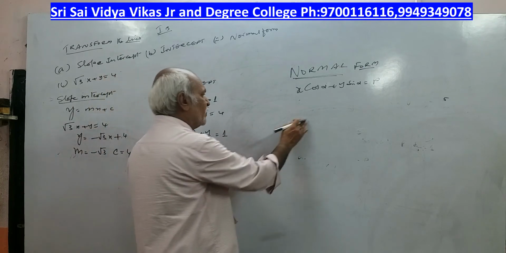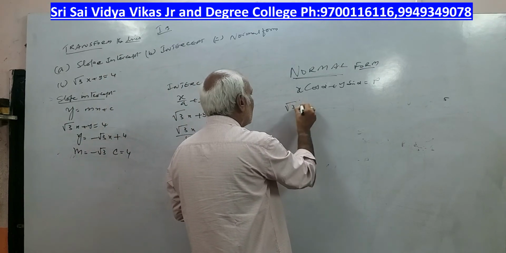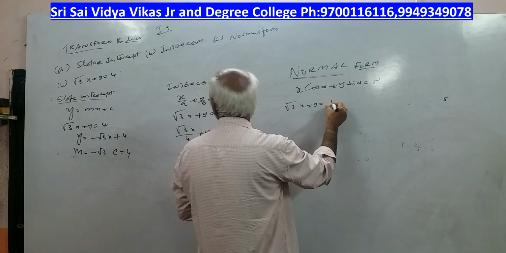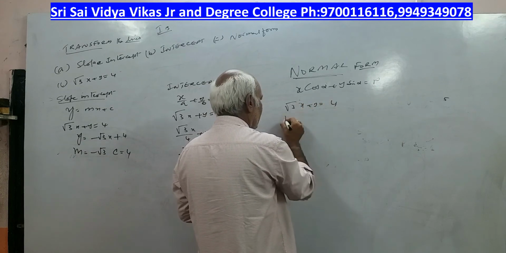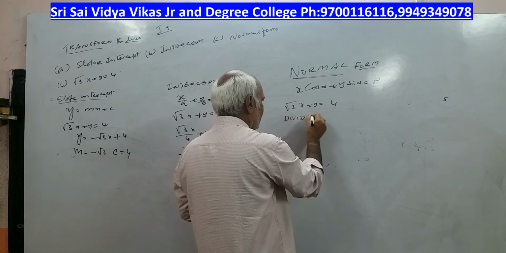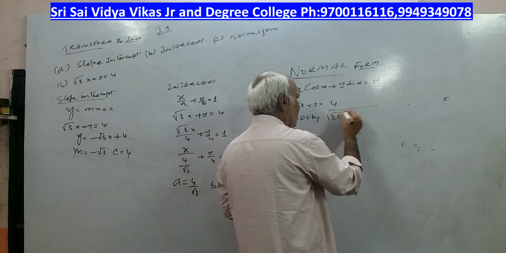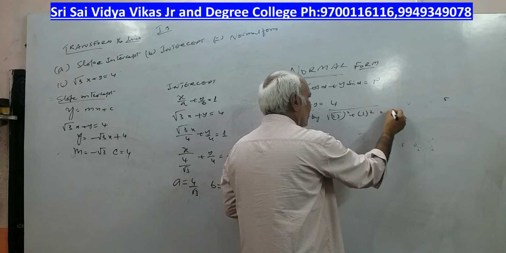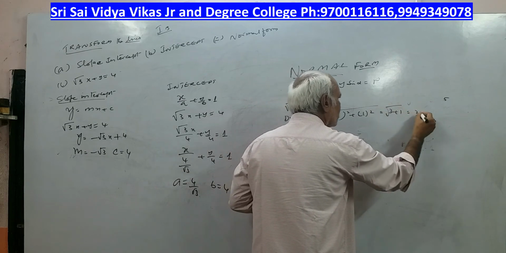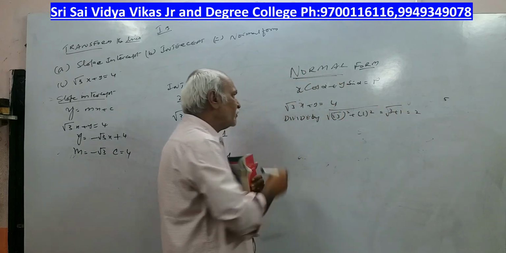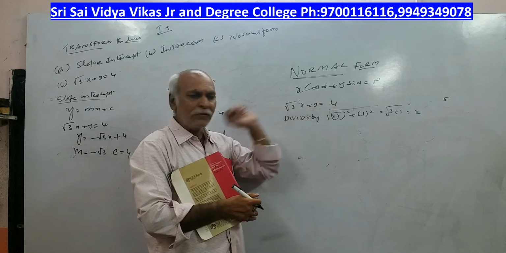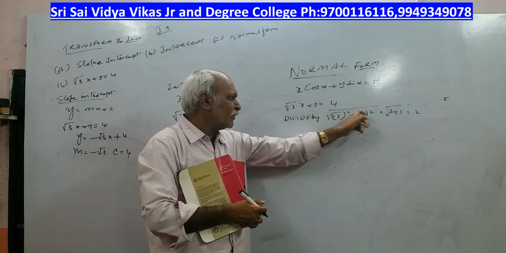Last, x cos alpha. Now, look at here. Root 3x plus y is equal to 4. Divide by root of root 3 square plus 1 square. What is 3 plus 1? 4. So always remember you have to divide by root of x coefficient square plus y coefficient square.